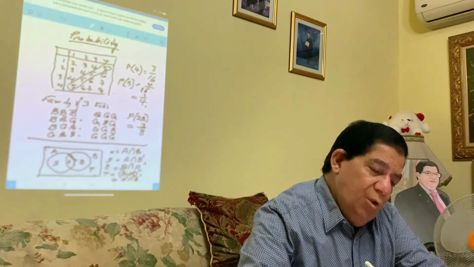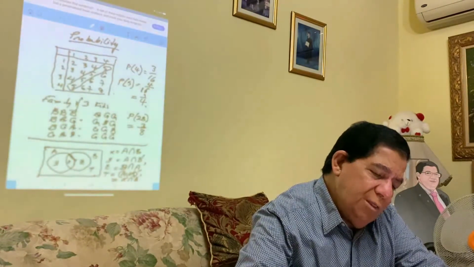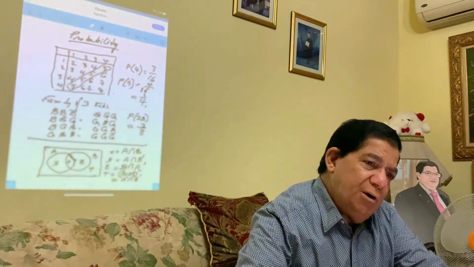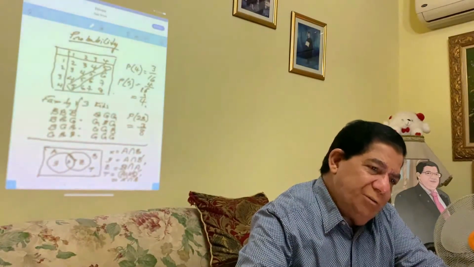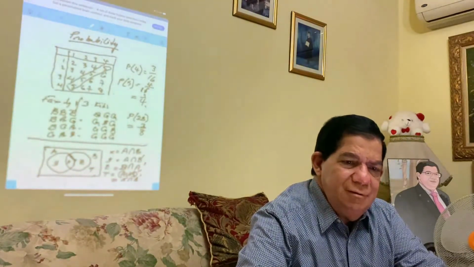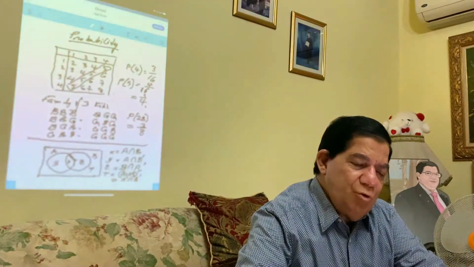Now, what we are going to put in these regions is either the number of items or its probability, both work.